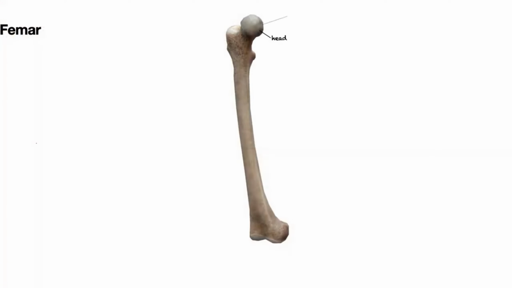Head of the femur, and then if we look here, this landmark here, yes, fovea capitis, one of my favorite, fovea capitis. How about here? Yes, the neck, right? That's the neck of the femur, good. It's the neck of the femur.